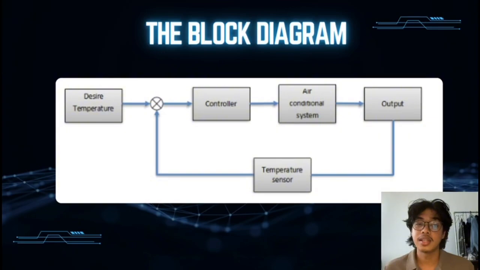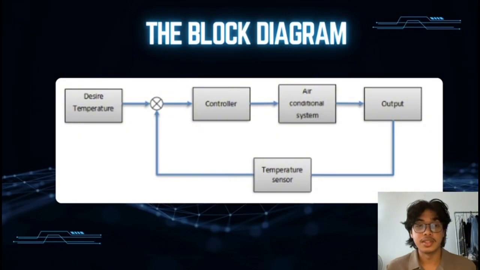The set point is sent to the controller, which compares it with the actual room temperature. If there is a difference between the desired temperature and the actual temperature, this difference is called the error signal. The controller then sends the control signal to the air conditioning system, specifically the inverter compressor. The compressor changes its operating speed to cool or heat the room until the desired temperature is achieved.